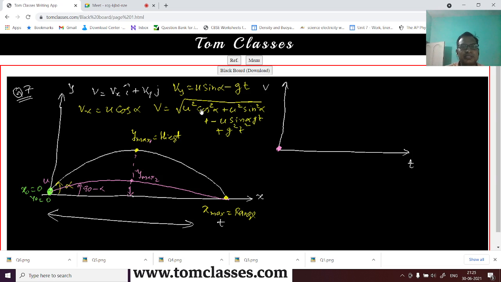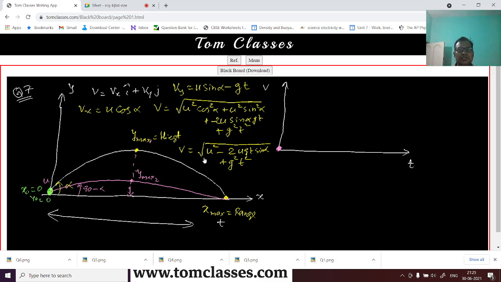Now you can take u square common, and the velocity squared will be given by u square minus 2 u gt sin alpha plus g square t square. Is that okay?